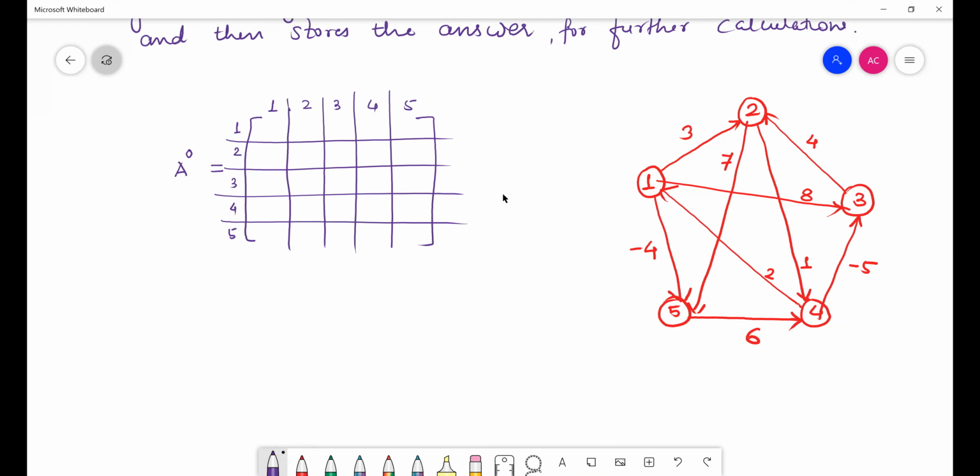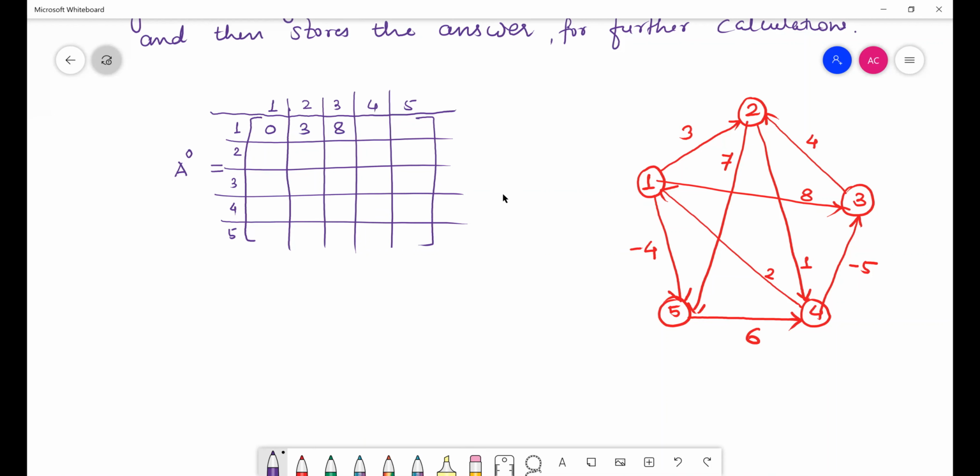So 1 to 1, how much cost is required? What is the weight to reach from 1 to 1? 0. 1 to 1 is 0. 1 to 2, 3. 1 to 3, 8. 1 to 4, 0.